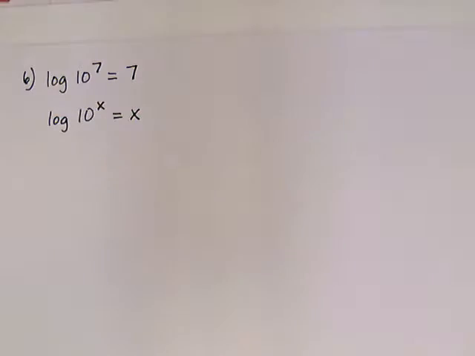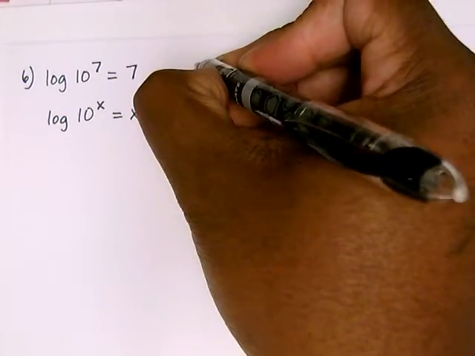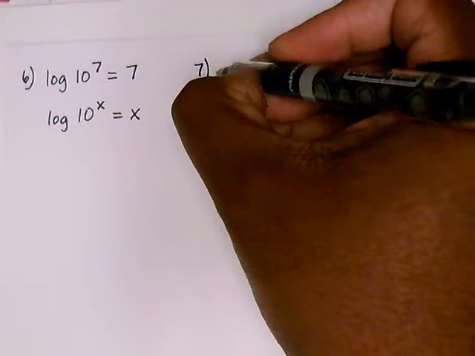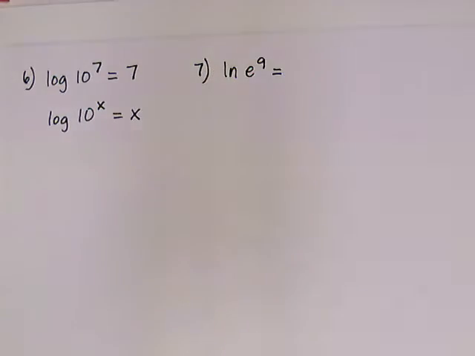So here I'm just applying the properties of common logarithms, where if you have log of 10 to whatever the exponent is, it will be just that exponent. Alright, number 7 is ln of e to the 9th power.